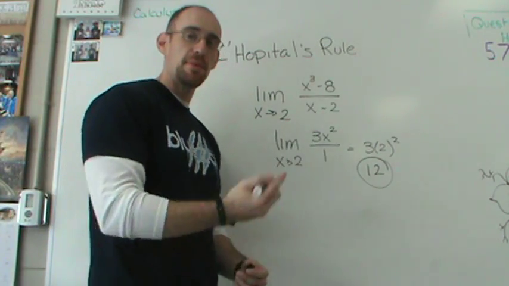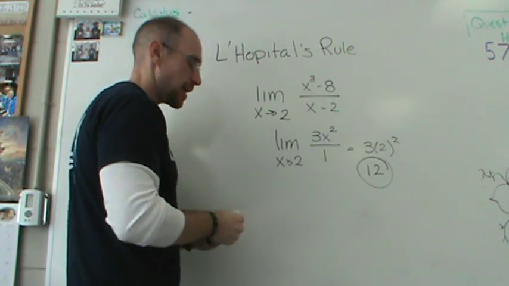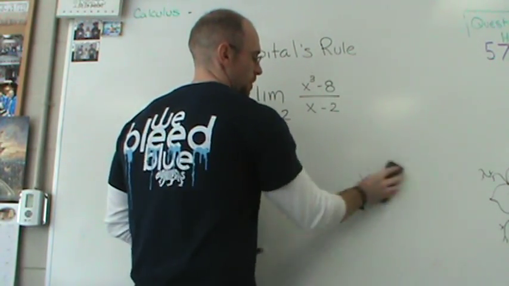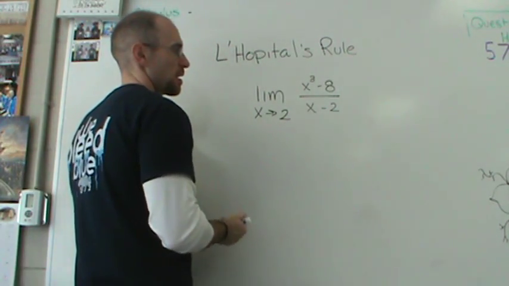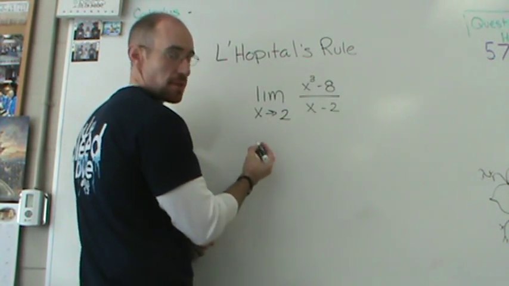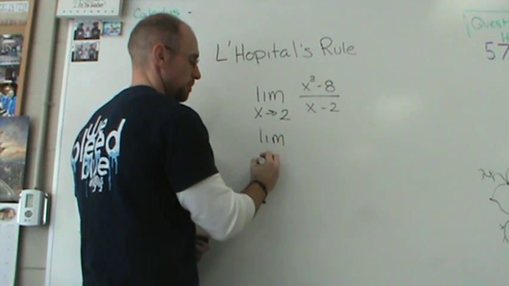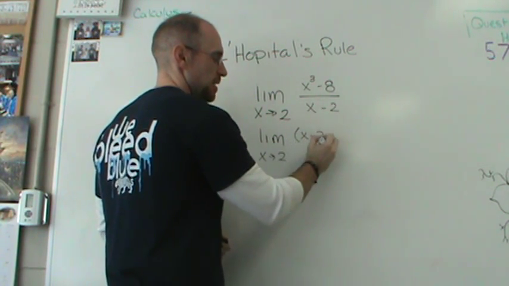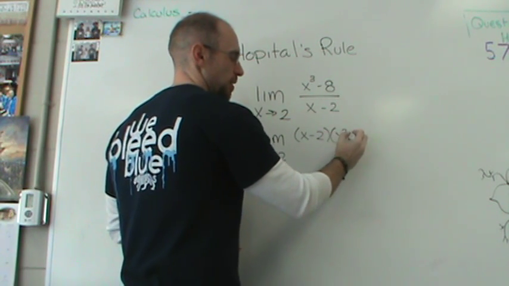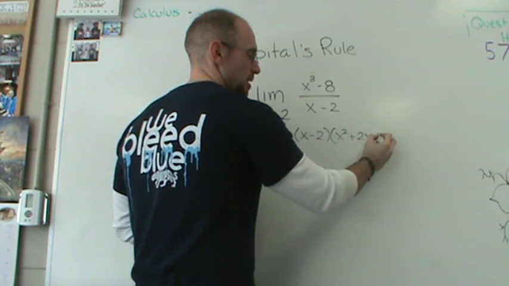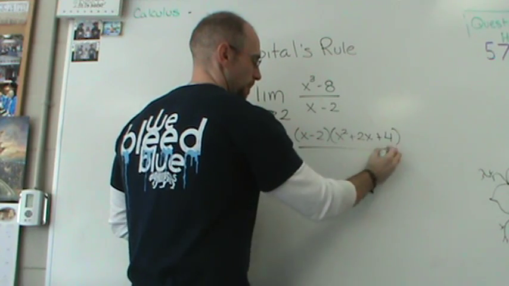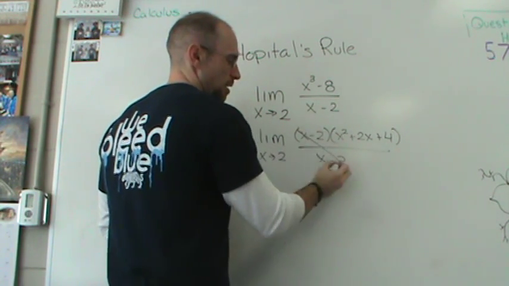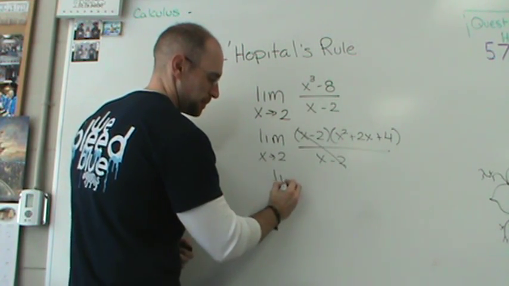That would have worked the same if we did our sum of cubes. Let's check it out. We always learn do something algebra. This factors to x minus 2 times x squared plus 2x plus 4, and the x minus 2's cancel out.